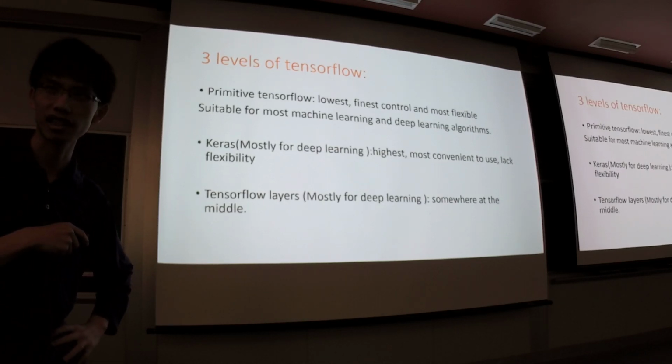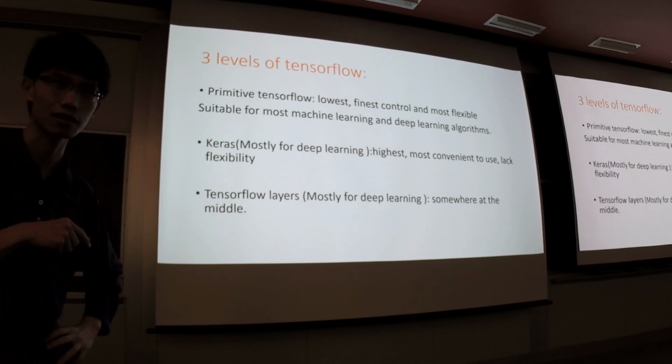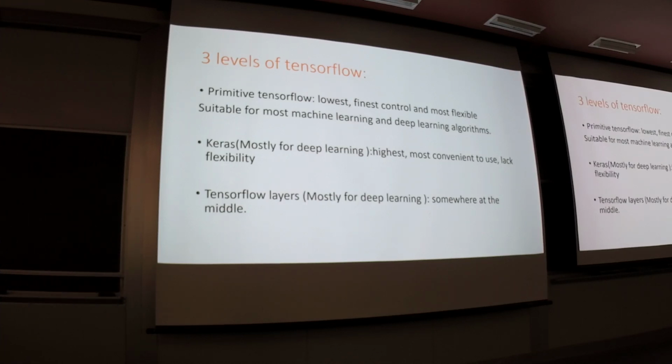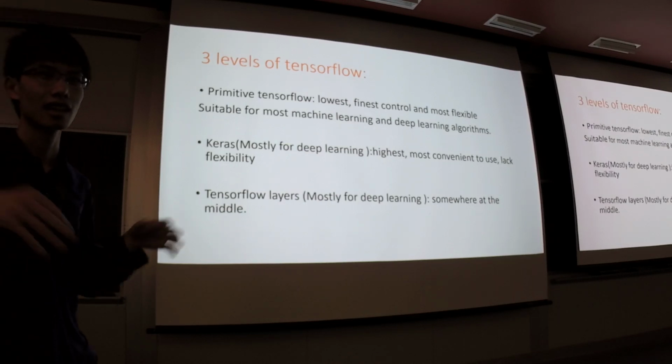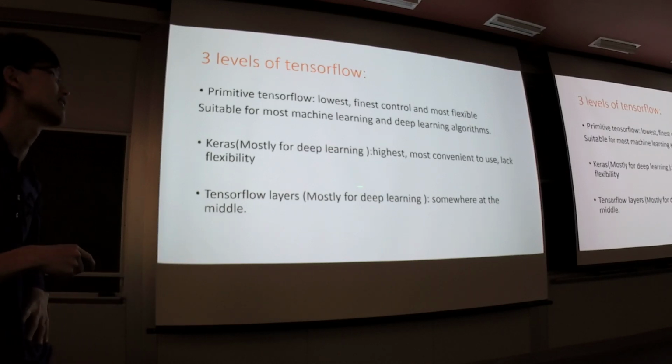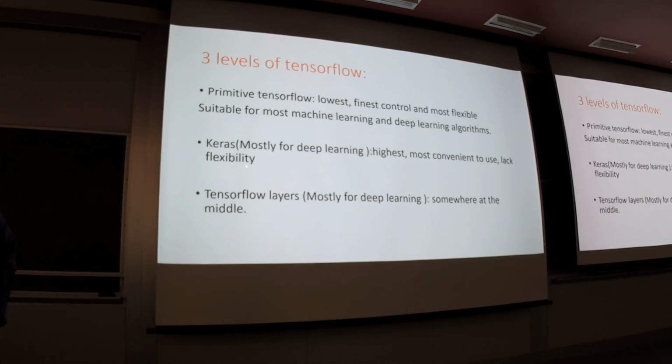You say, I want this engine, I want this tire, I want this window, and Keras will automatically assemble them together and give you a model. There's another thing called TensorFlow layers. It's somewhere in between. This is simply a wrapper of the primitive TensorFlow. It can save you some work to define the operation.